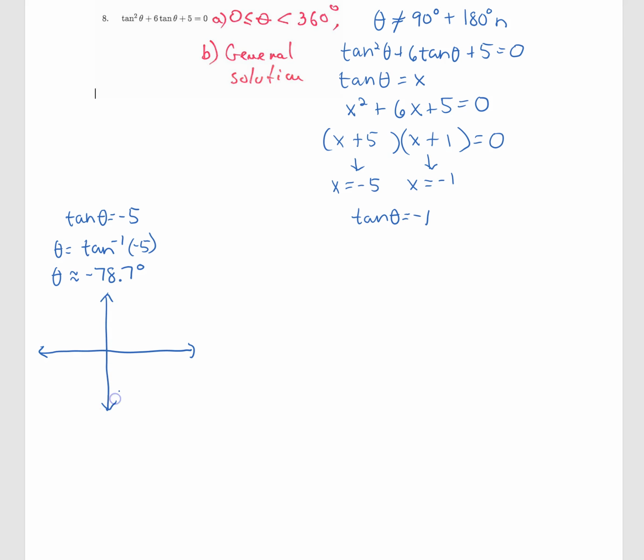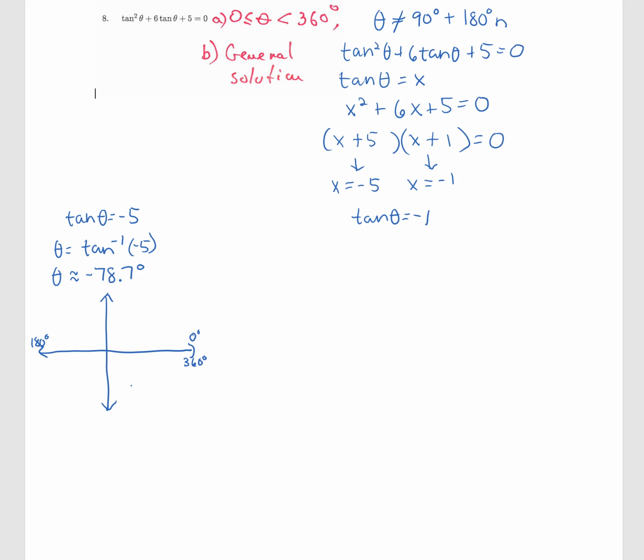What this means, if we draw it on a coordinate plane, is that this is 0, this is 360 degrees, and over here we have 180. We're looking for quadrants where tan is negative, and that's going to be this quadrant here, quadrant 2, and quadrant 4 down here.